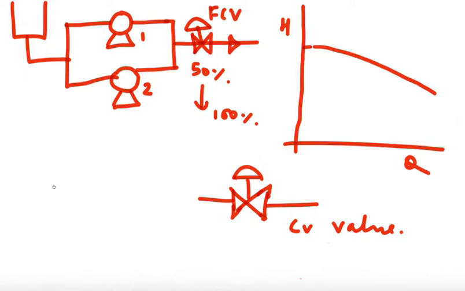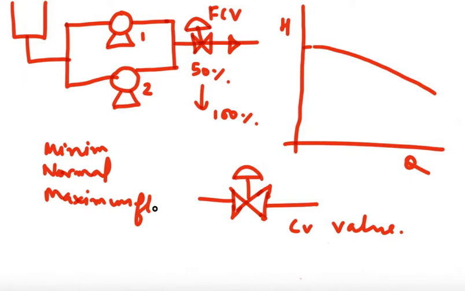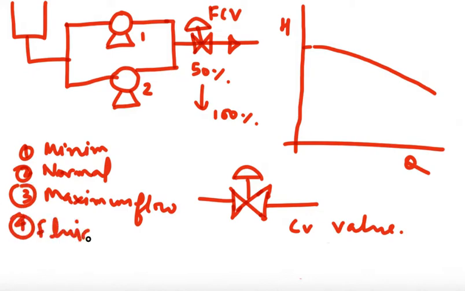Okay, so how do we calculate the CV value? See, based on our process requirement, we know what will be our normal pump flow, what will be our minimum flow, what will be our maximum flow. So these three things we know. We also know the fourth thing, fluid properties, because the process engineer does simulation, he knows everything about the fluid.